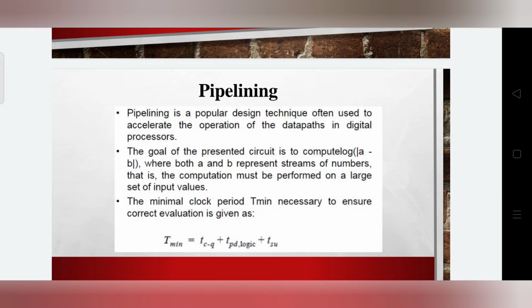The minimum clock period T minimum necessary to ensure correct evaluation is given as T minimum equals TC2Q plus TPD logic plus TSU.